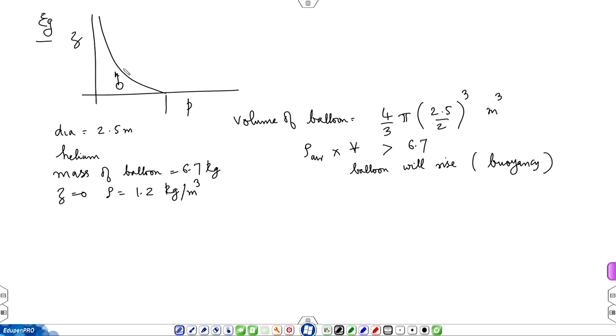So, measurements of pressure, temperature, humidity in the atmosphere. The second part of the question is, find out where it is going to stabilize, how high will it go. So, it will go to a point where air density drops. So, that local air density times balloon volume is equal to 6.7. At that point it will stop.